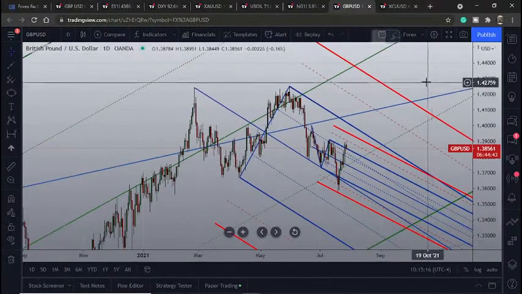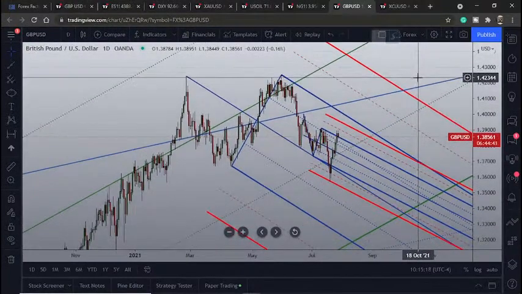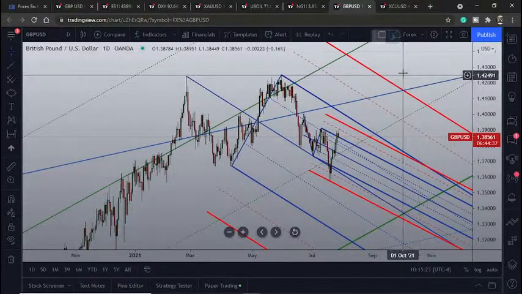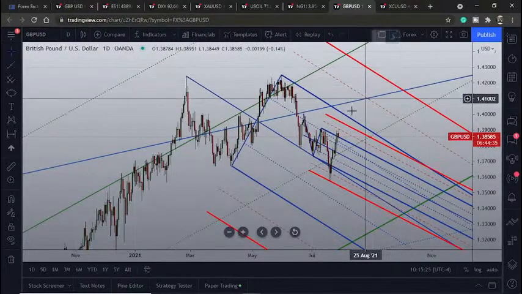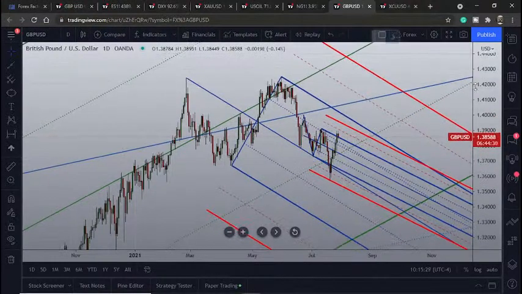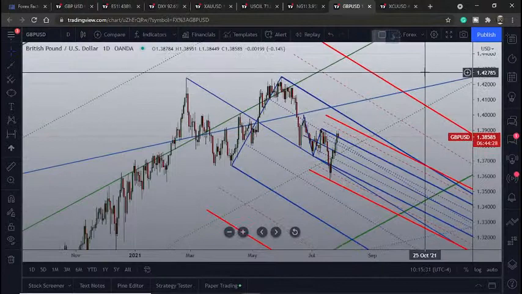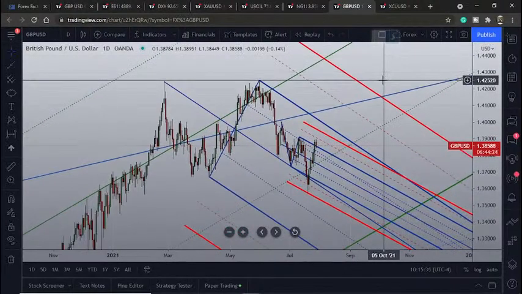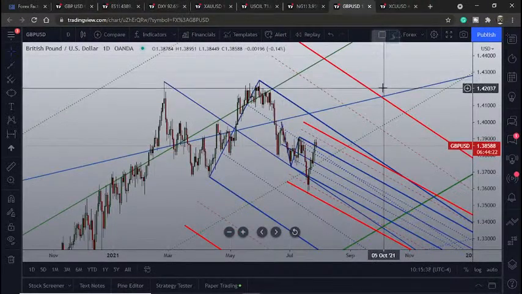I think with a lot of currencies, until the dollar index actually does change direction strongly, and I still think it can be moving to the downside in the months to come, we might see some pretty messy price action in your euro US dollar, pound US dollar, Japanese yen, the majors that form the basket currencies of the dollar index.